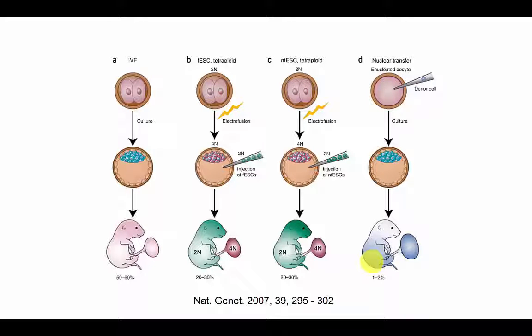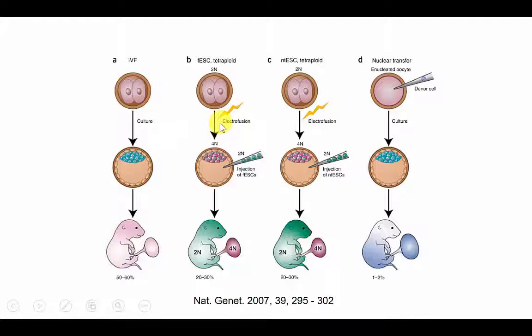Now let's think about tetraploid complementation. If sperm cells and egg cells meet together, they form a zygote, and eventually they make a blastocyst and then the whole embryo. Again, this is the inner cell mass and this is the trophoblast. The trophoblast makes the placenta, and the inner cell mass makes the embryo.